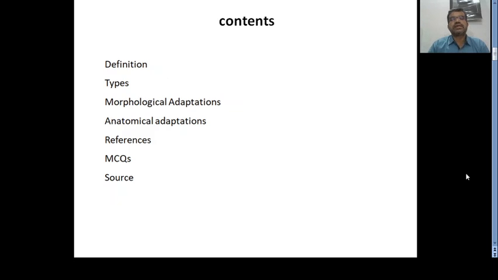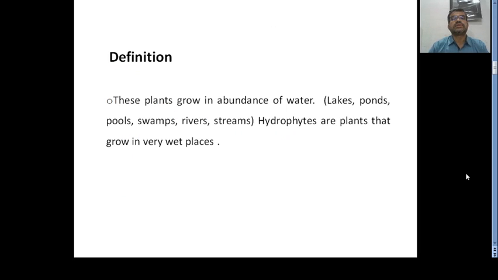So in this presentation, we will try to know the definitions of hydrophytes, their types, their adaptations, and at the end we will know the references also. Well, we can define hydrophytes as plants that grow in abundance of water.